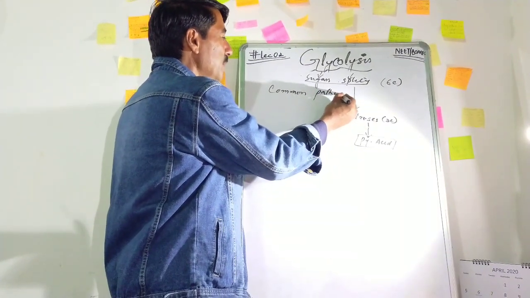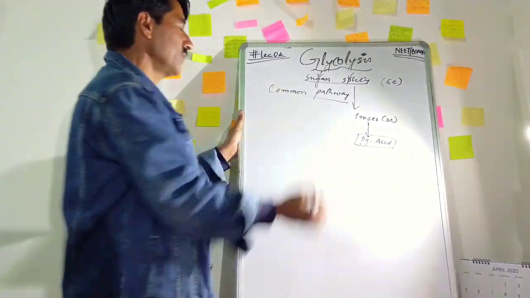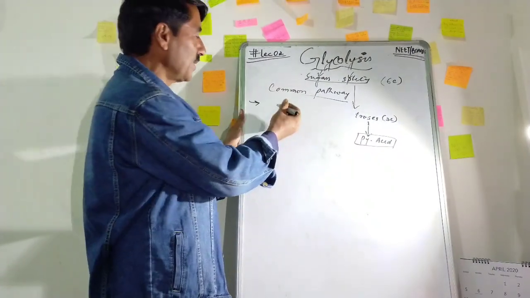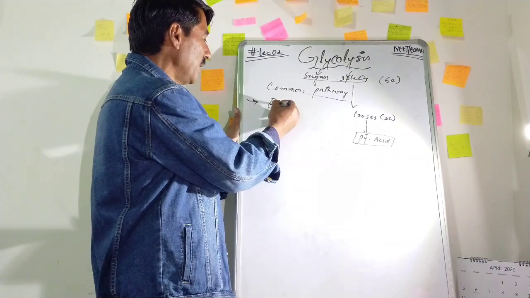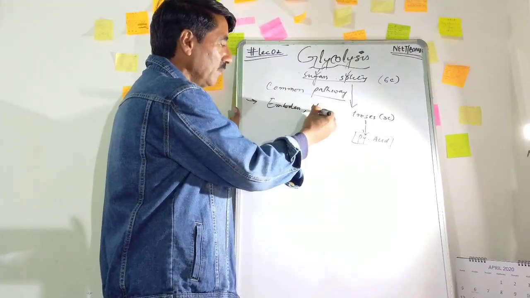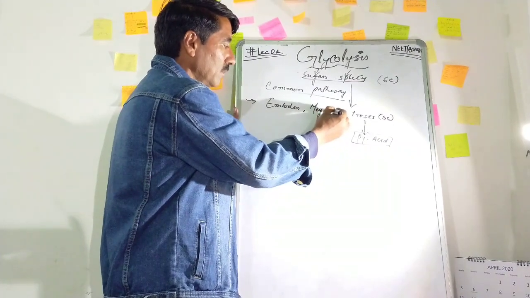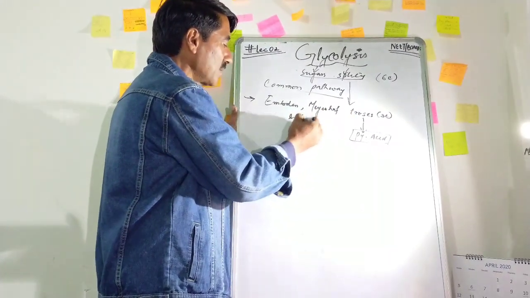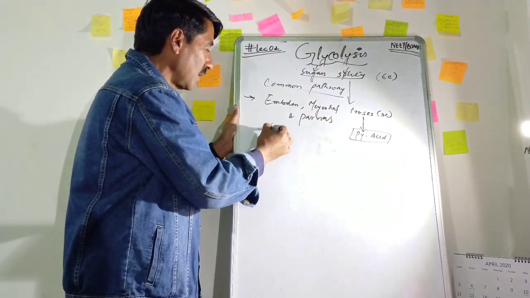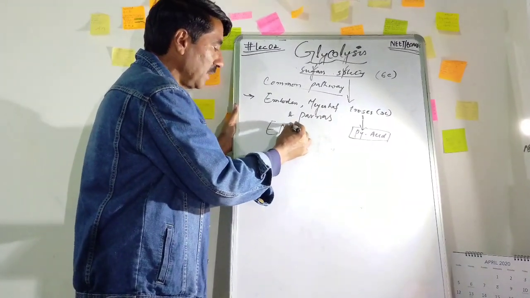This common pathway or glycolysis was worked out by 3 renowned German scientists named Embden, Meyerhof, and Parnas. For this reason, this glycolysis is often known as the EMP pathway.